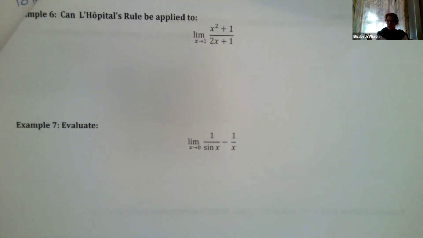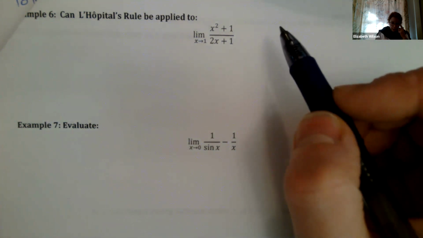We've got a limit that's approaching some value, or we're going to learn today also infinity. If we have an indeterminate form, we can take the derivative of the top, the derivative of the bottom, and apply the limit again to see if it's still indeterminate. We can use this because there's a relationship between our derivatives and our function, and that's what L'Hopital's rule is exploiting.